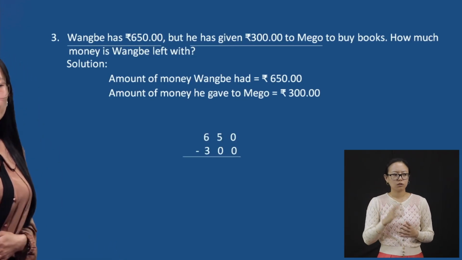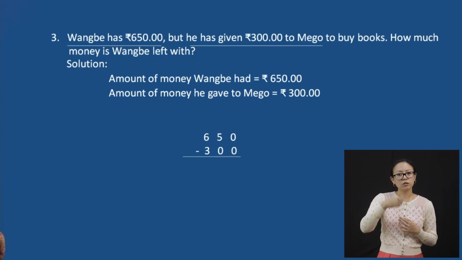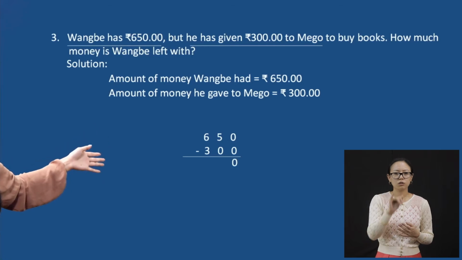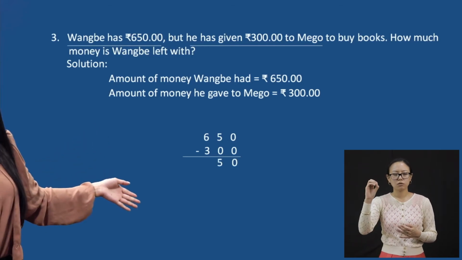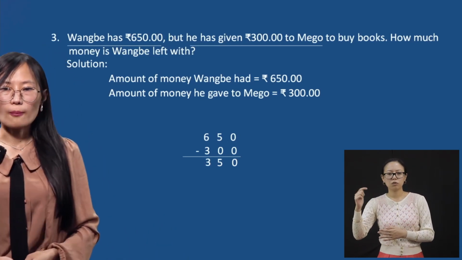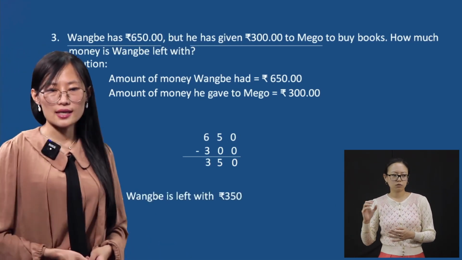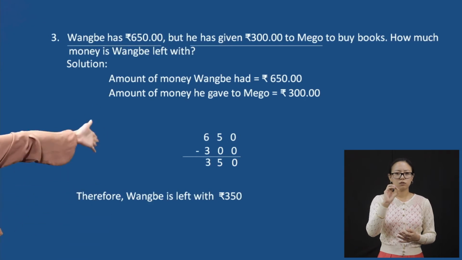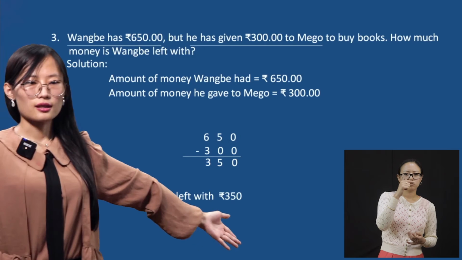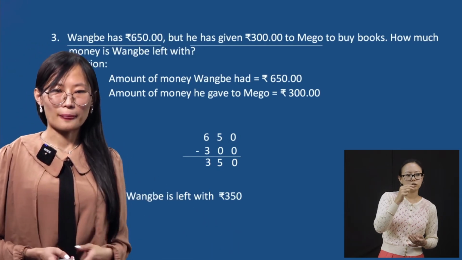So 650 minus 300. 0 minus 0 is 0. 5 minus 0 is 5. 6 minus 3 is 3. So the amount left with Wang Bei is 350. Therefore, Wang Bei is left with rupees 350.